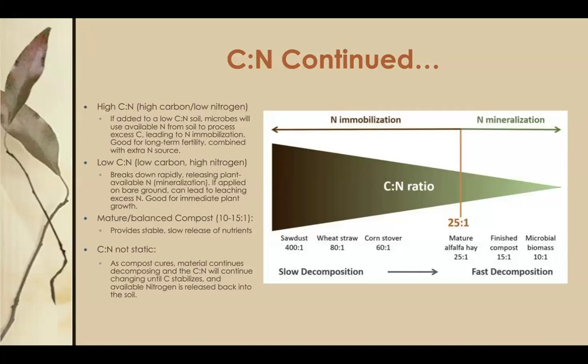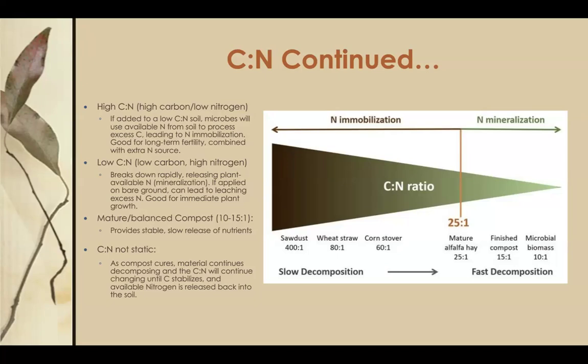I want to look at compost less as an inert, stable substance that is not alive, because it is very full of life, and think of it as a living organism. That number's going to change. It's not static. Even after you've purchased it, it's going to continue to decompose the materials within it and continue to change that C to N.